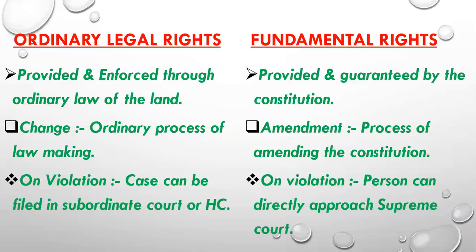Ordinary legal rights are provided and enforced through the ordinary law of the land, and if parliament or any state legislature wants to change them, then the ordinary process of lawmaking is sufficient. On the violation of ordinary legal rights, you can file a case only in subordinate court or at max in high court. But fundamental rights are those rights which are provided and guaranteed by the constitution.